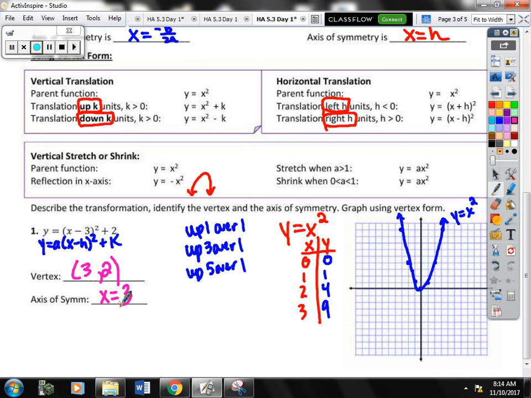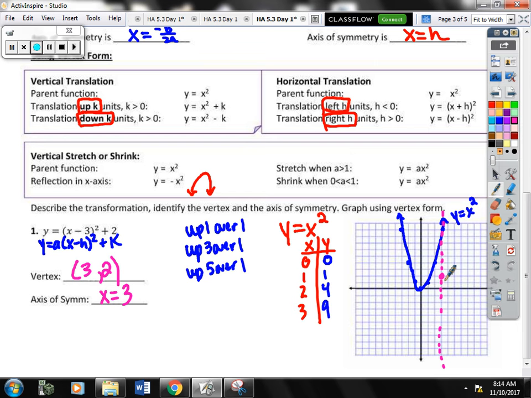So when I'm graphing this, I'm going to go 3, 2, put my vertex. If you want, you could also draw in your axis of symmetry. Awesome, can you see? Now, if you don't memorize this pattern, then you're going to have to plug in a couple numbers. So maybe plug in 4 and 5 and then do your order of operations.